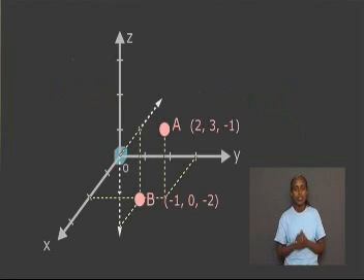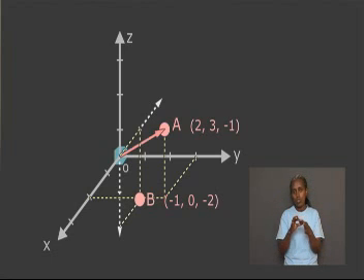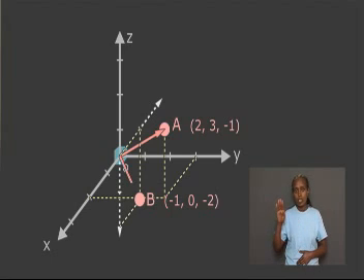Let us see an example. Vector A extends from the origin to coordinates 2, 3, and -1. Vector B extends from the origin to coordinates -1, 0, and -2.